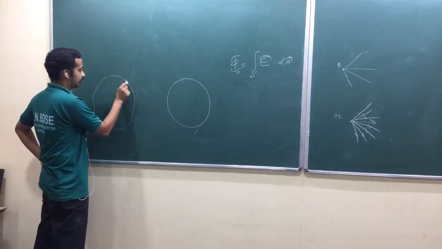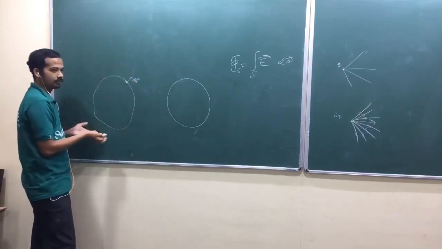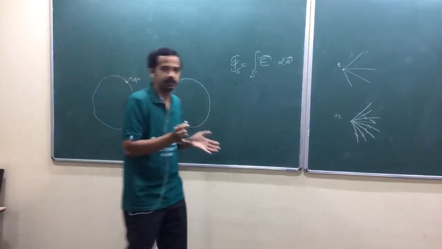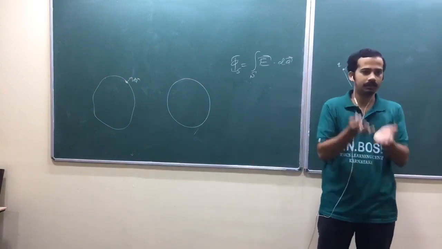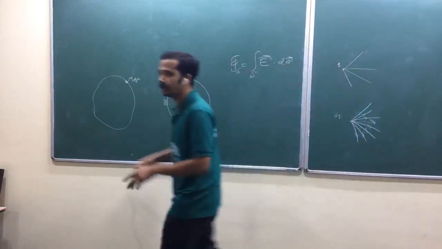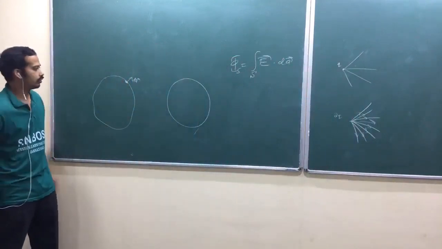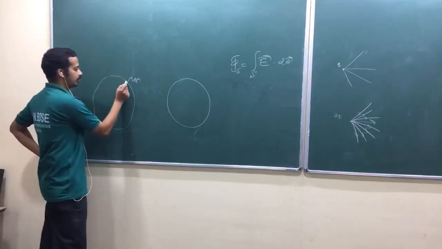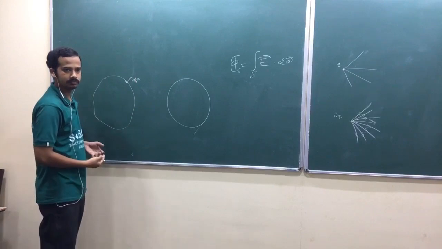The convention is to choose your area vector, dA vector, outward from the volume. One closed surface will produce one volume. Inside that there will be one region, isn't it? So a closed surface always defines one region, one volume. So it is a convention to choose your area vector outward from that volume.